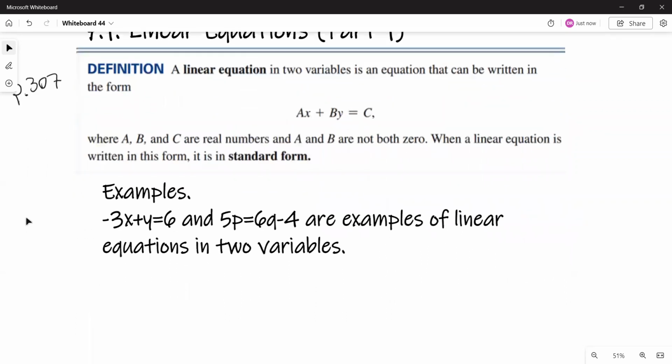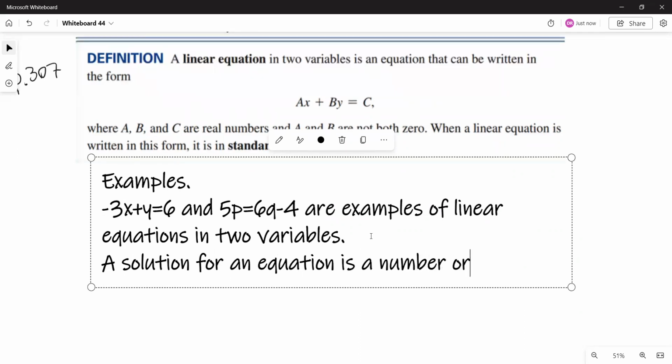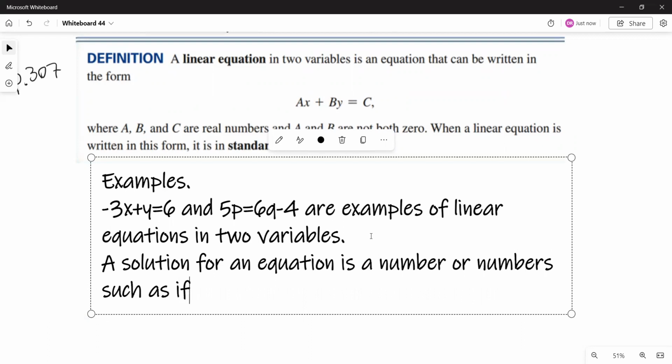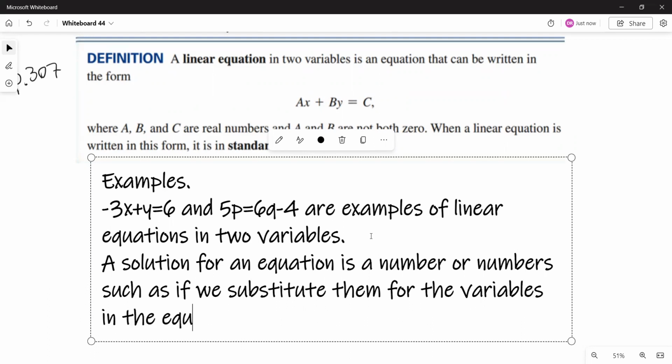And a solution for an equation, or let's say, not necessarily linear, a solution for an equation is a number or numbers such that if we substitute them for the variables in the equation, the resulting statement is true.